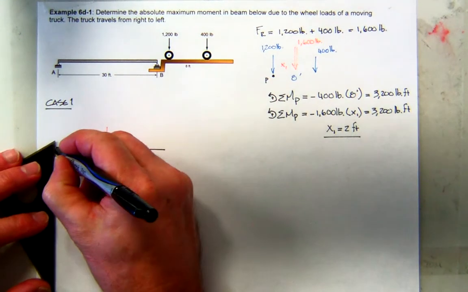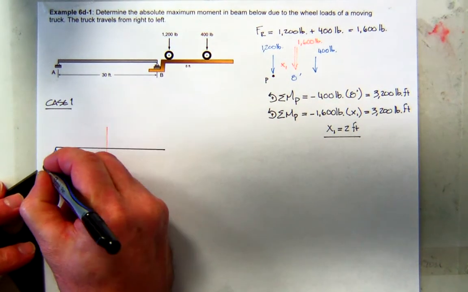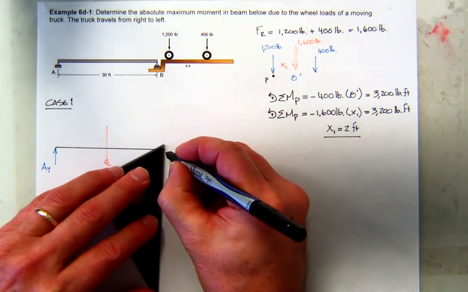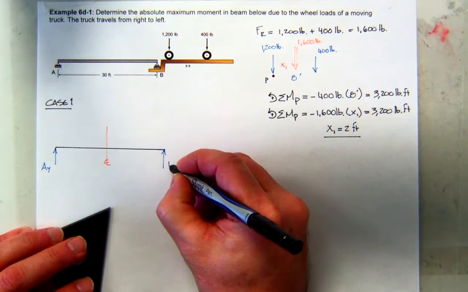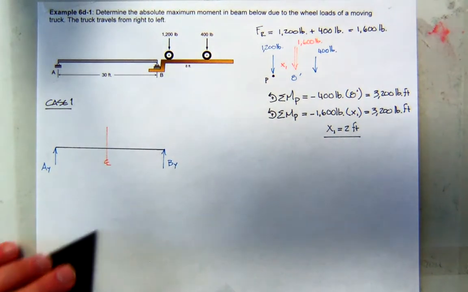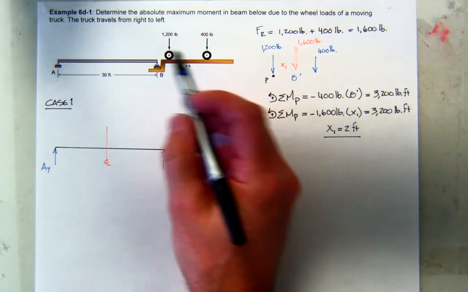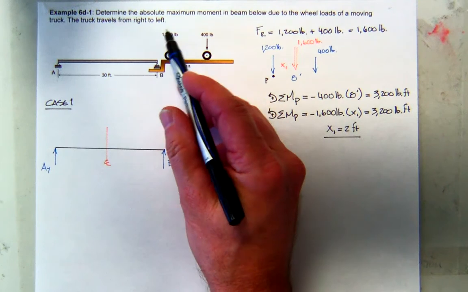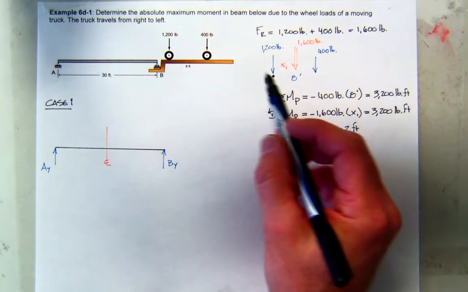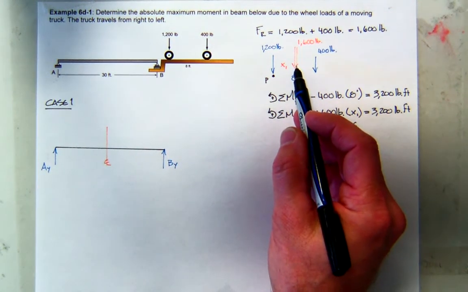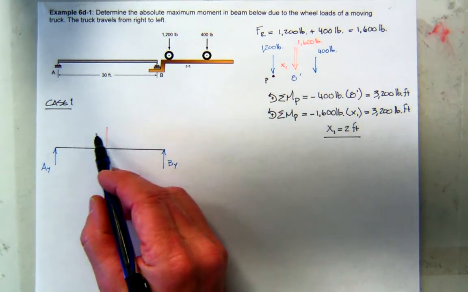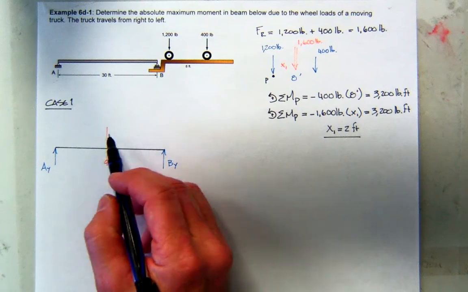And then we will have my AY and BY reactions. And now I'm going to let my load system come across the beam from the right side to the left side. And I'm going to take the first force and the resultant force, and I'm going to balance them equidistant about the center line.